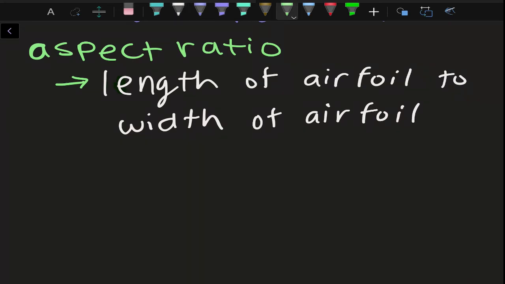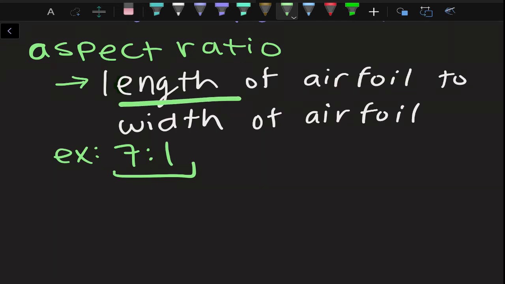And again, an example here is just a typical expression ratio for a commercial airliner, and that could be 7:1. Notice again, this is the same as the ratios we've discussed before. It's just describing the length to the width of an airfoil.